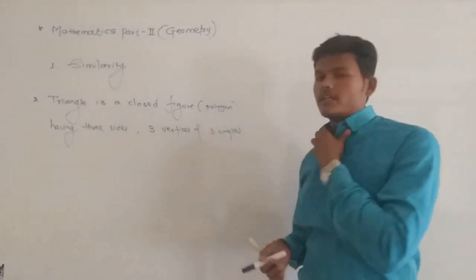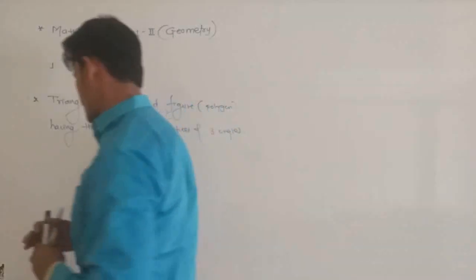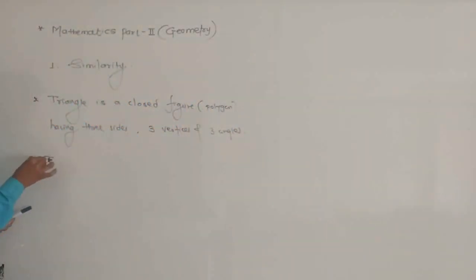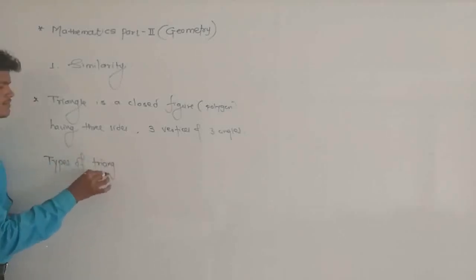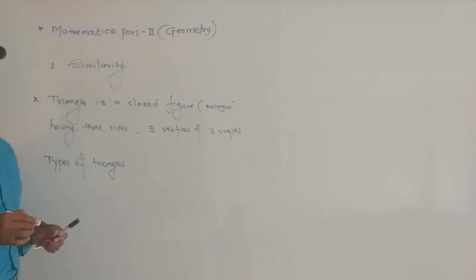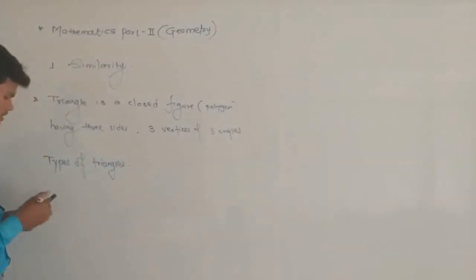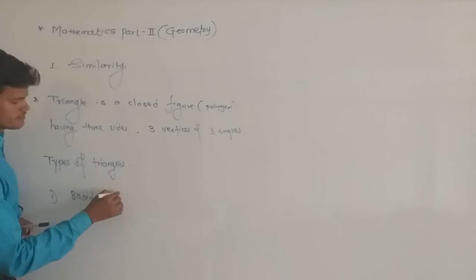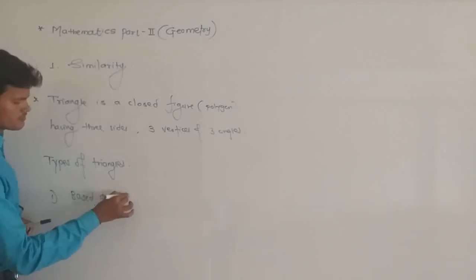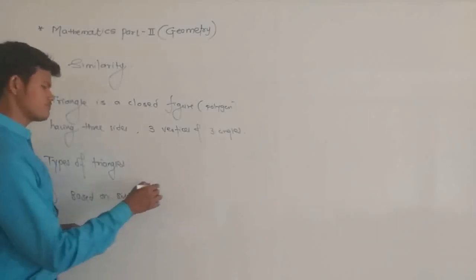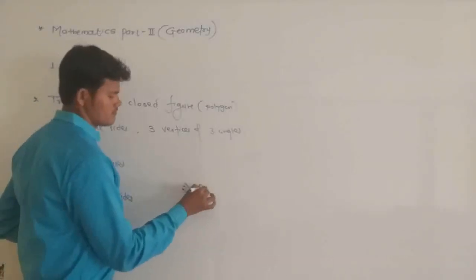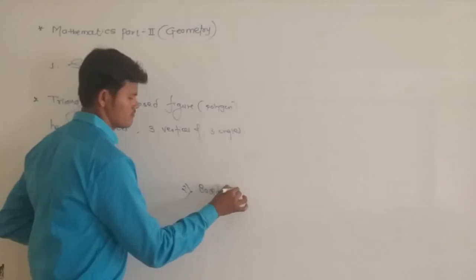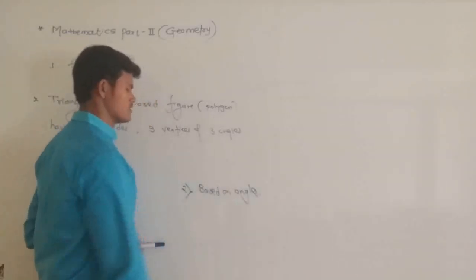Okay. Now, what are the different types of triangles? So, types of triangles are classified into two types. First one, based on sides and based on angles.